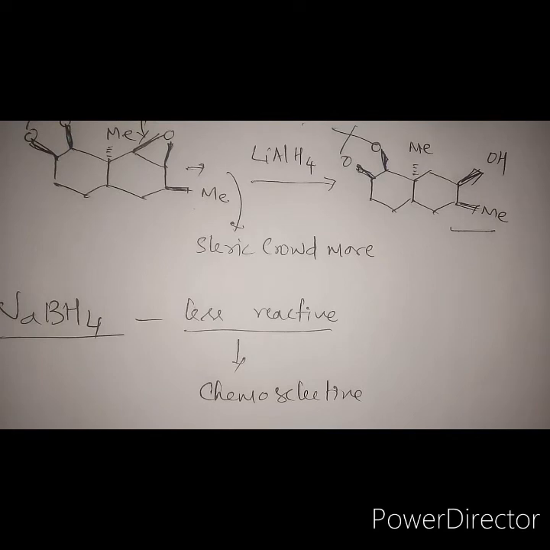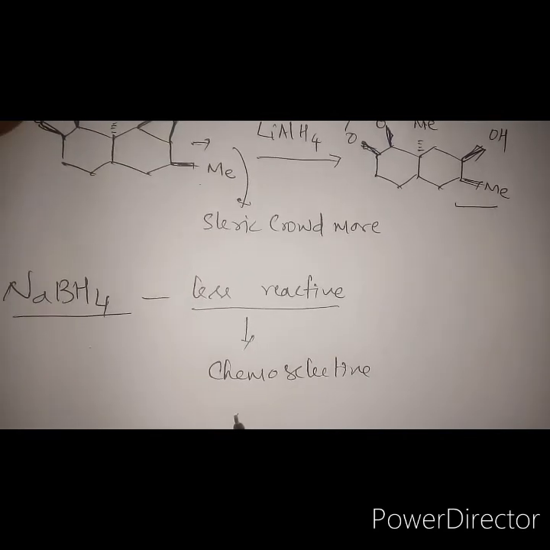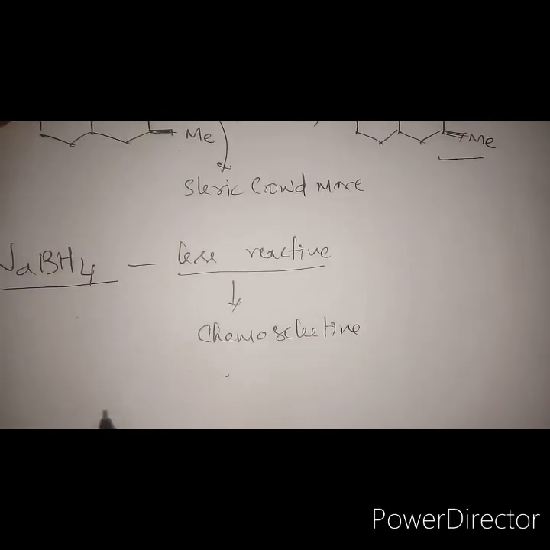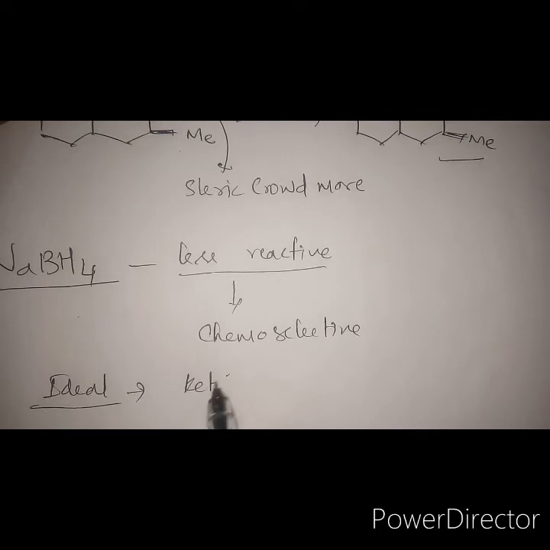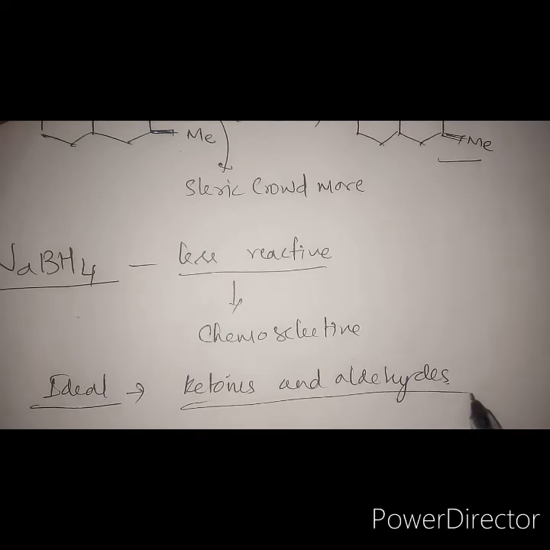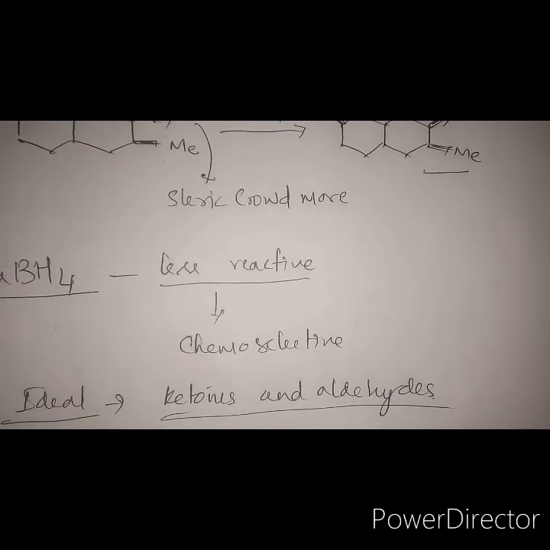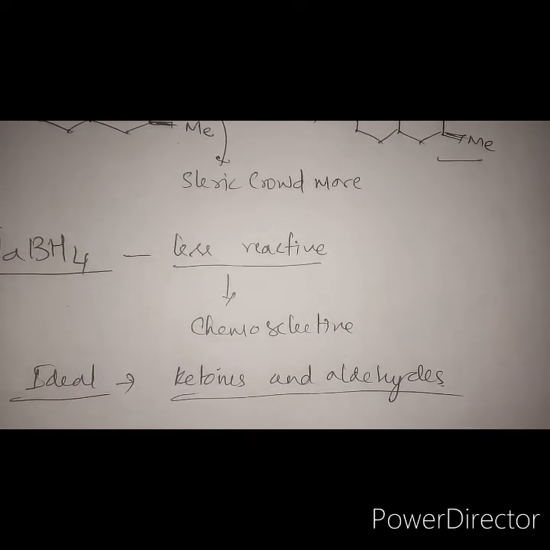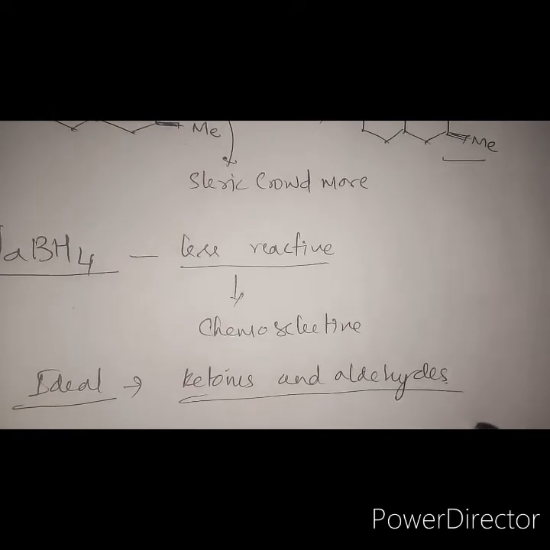Sodium borohydride is an ideal reducing agent for ketones and aldehydes. In the presence of other functional groups, it reduces only ketones and aldehydes.